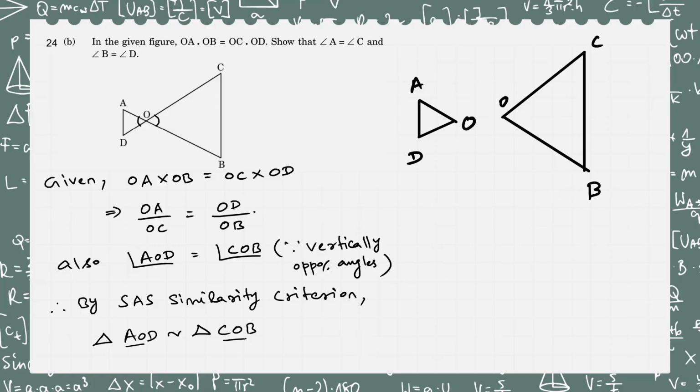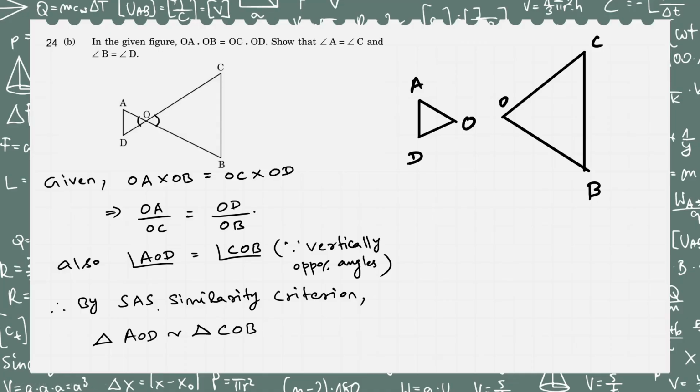I have kept both the letters in the same positions. Angle at O is to be equal. So, O is supposed to be in the same position, and the same way OD and OB sides are proportional. So, they are supposed to be in the same position, right? So, that's how this order of letters were made.